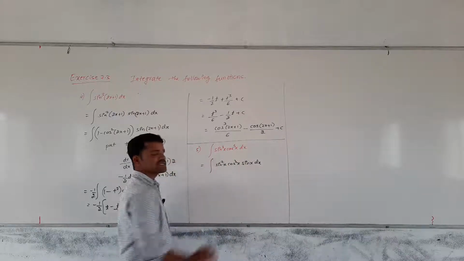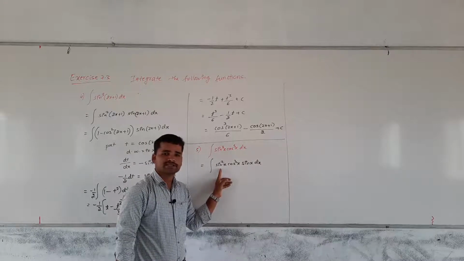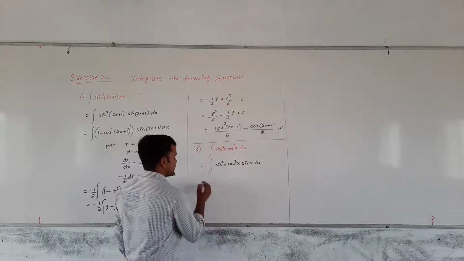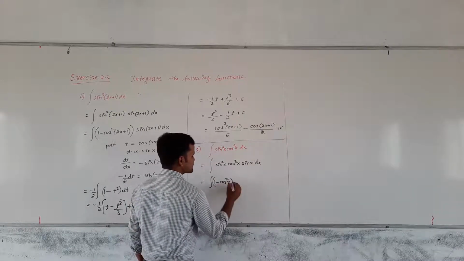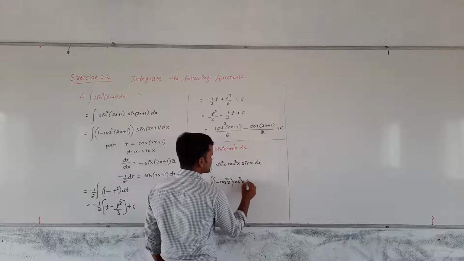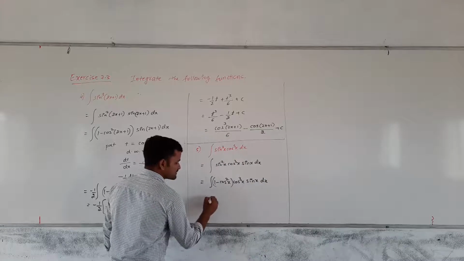This sin square, using the formula sin square theta plus cos square theta, I can write as 1 minus cos square theta. It is the integral of 1 minus cos square x into cos cube x into sin x into dx. Now here what will you substitute?